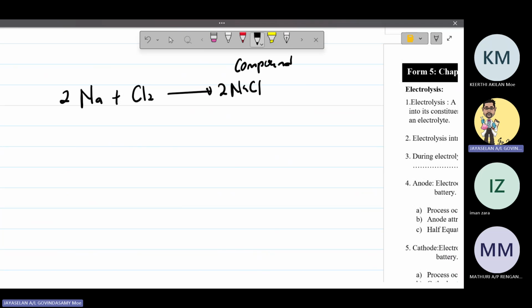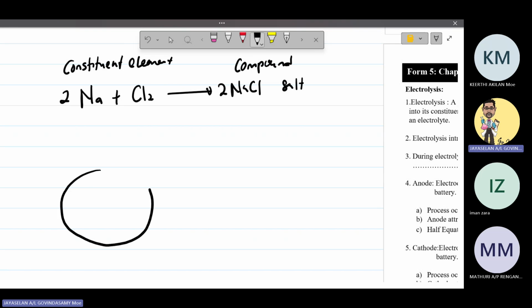This compound is made up of what? The constituent elements, the elements that make the compound. This is known as common salt, table salt. Now what do I do? I give you table salt, the salt you use for cooking.